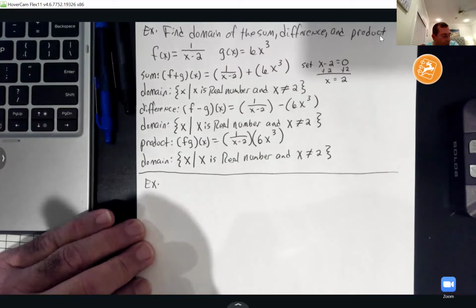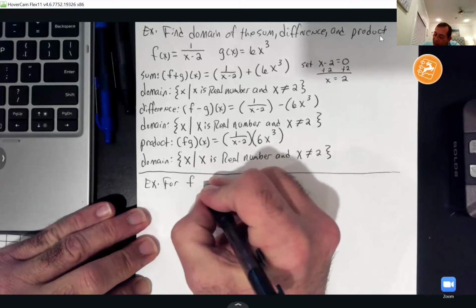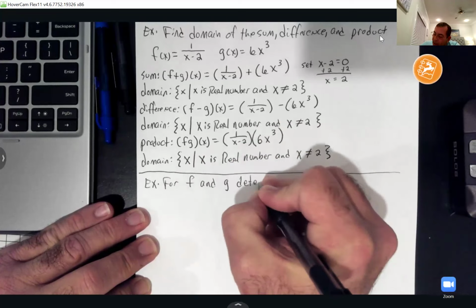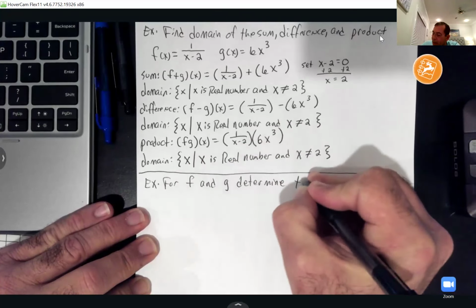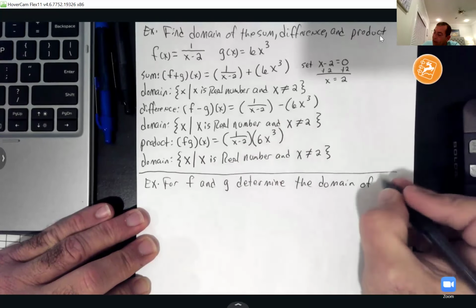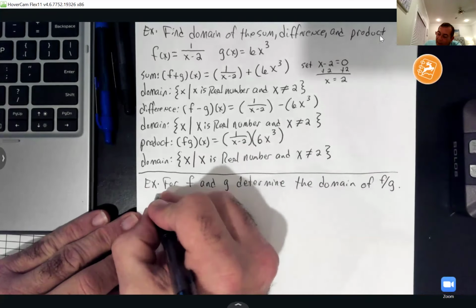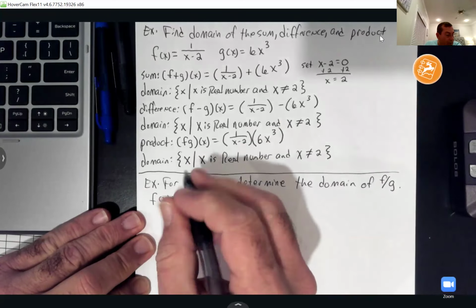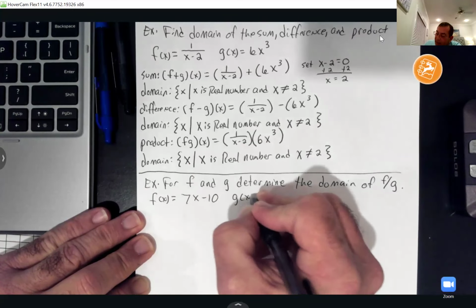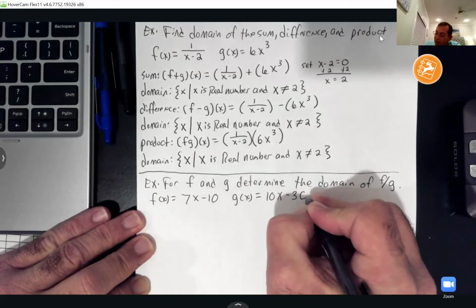So the last problem you got to play with tonight. For f and g, determine the domain of f divided by g. All right, f of x is going to equal 7x minus 10. g of x is going to equal 10x minus 30.